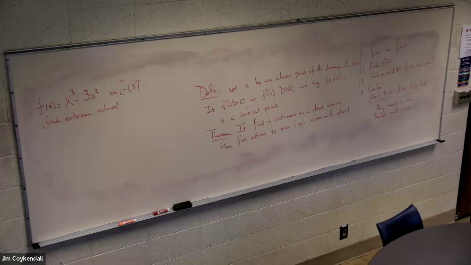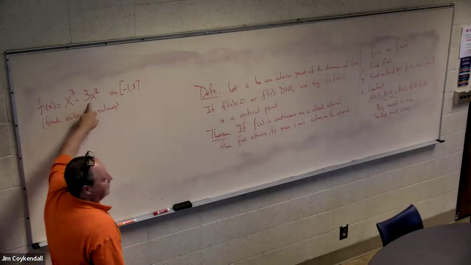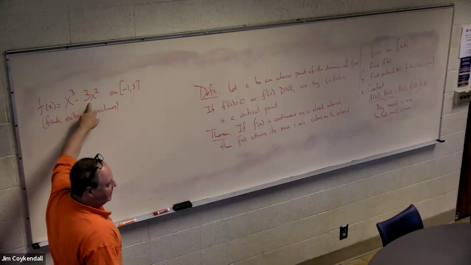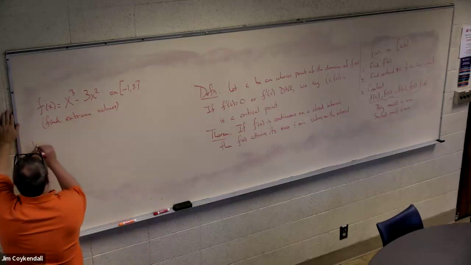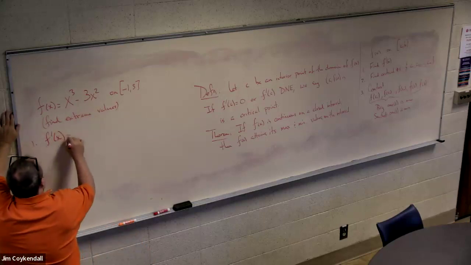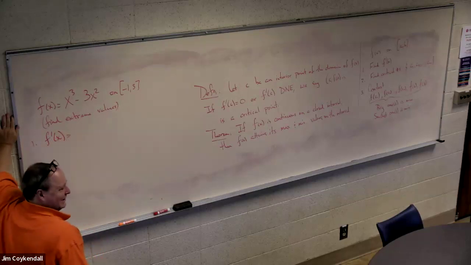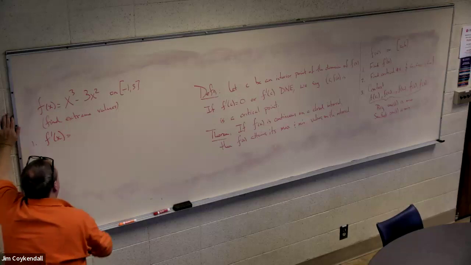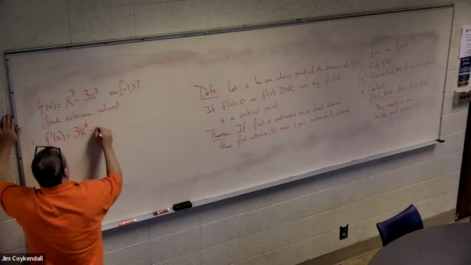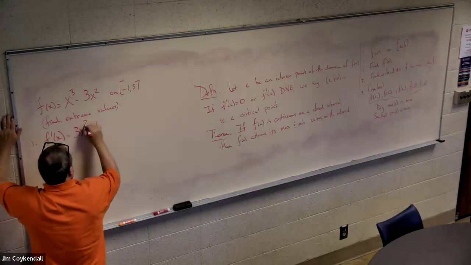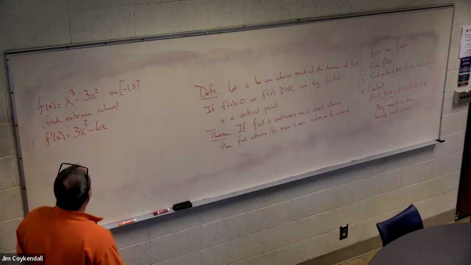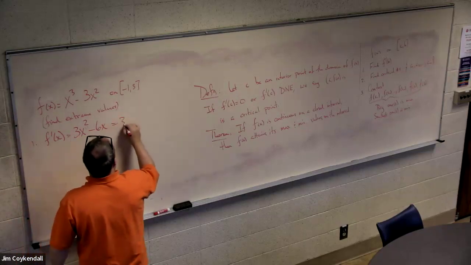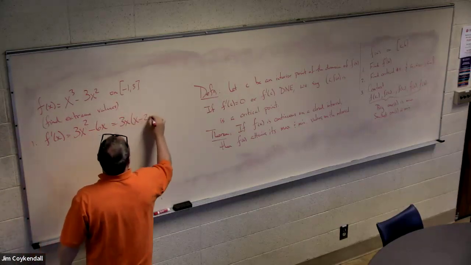I don't even have to draw a picture. All I gotta do is follow this procedure. One, f prime of x. Tell me out loud, what's the derivative of this thing? Three x squared minus 6x, which is 3x times x minus 2.